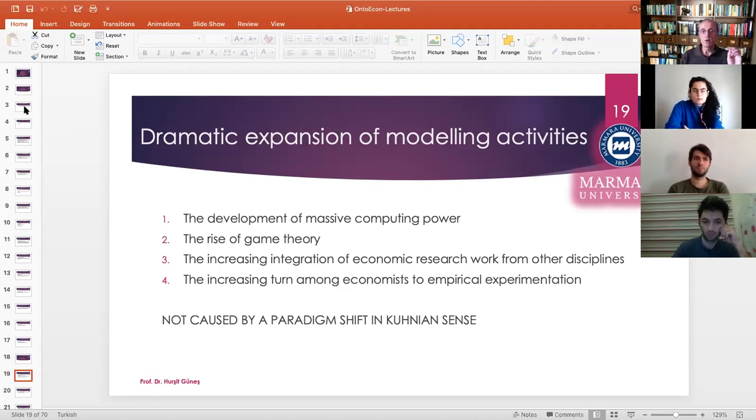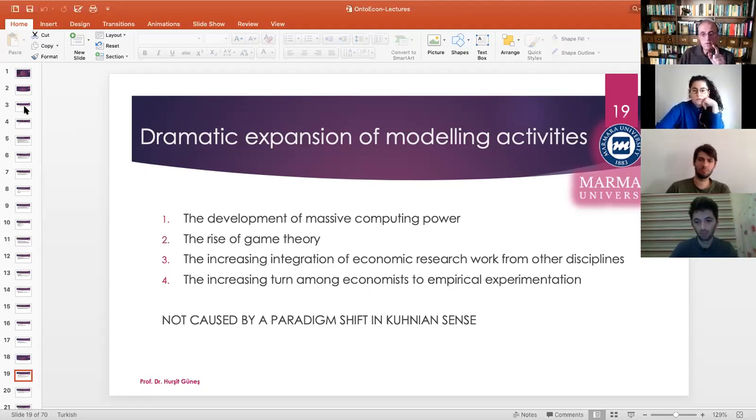The first one was the development of massive computing power. As a result, what happened in the study of economic science? The rise of game theory, secondly. And thirdly, the interdisciplinarity of economics, because it's a multifarious topic. It's not a single, narrow-minded, monolithic study.